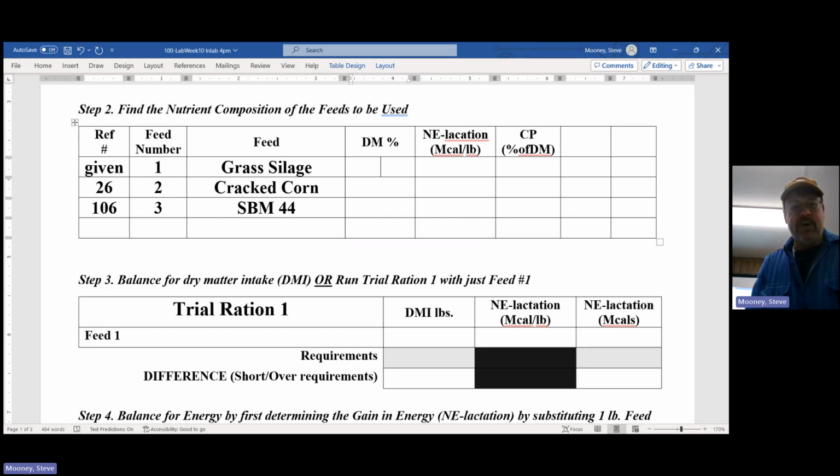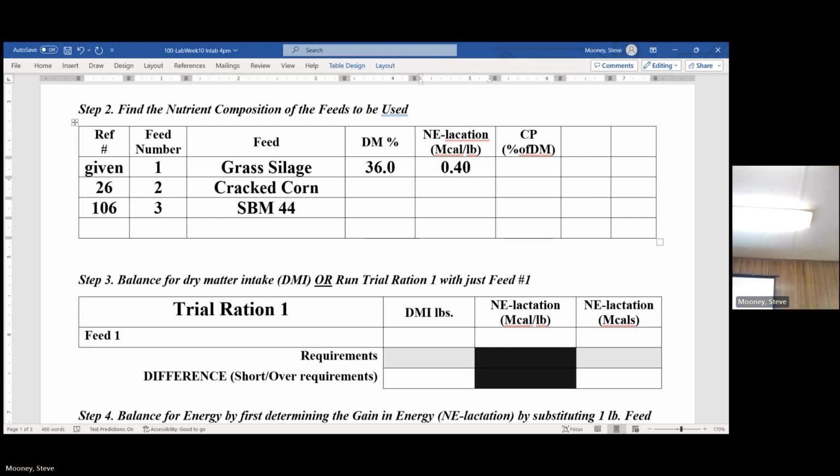We're going to make it 36.0 for dry matter percent. Energy is going to be 0.4 megacalories per pound. And we're going to say this grass is 8% crude protein. So that I'm going to give to you.